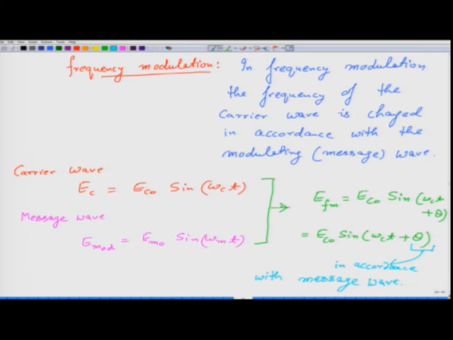So, in the frequency modulated wave, we see that the amplitude does not change, but its frequency does change as per the modulating wave or our message wave.